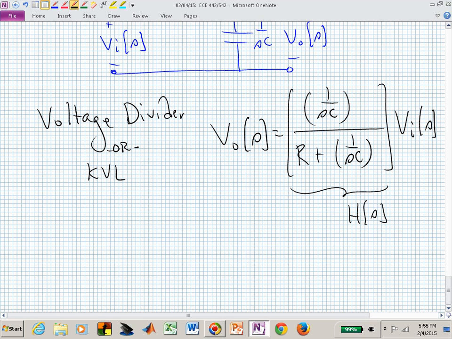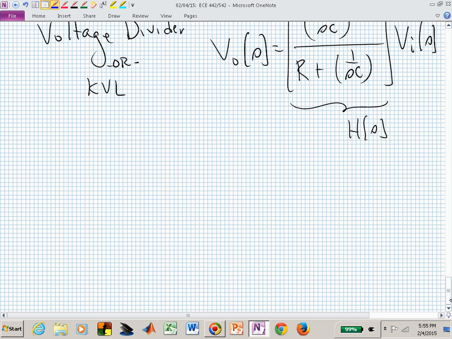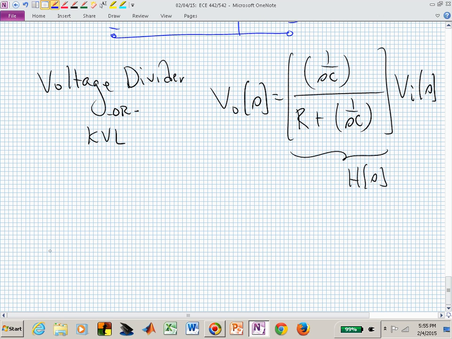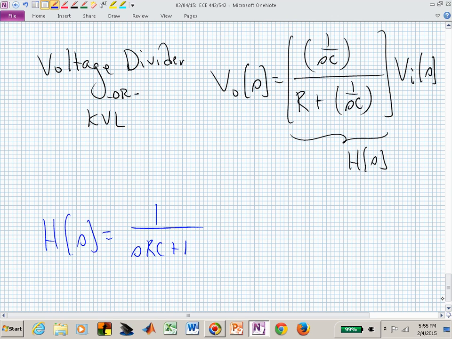And maybe it's in an ugly form because you don't like that ratio of ratios in the numerator and denominator, but we can get a common denominator of SC in all the terms and just rewrite that as 1 over SRC plus 1.